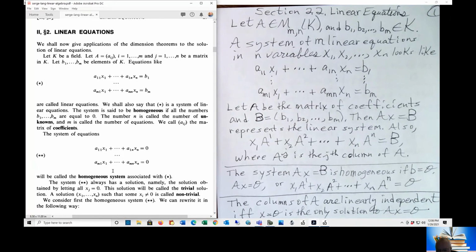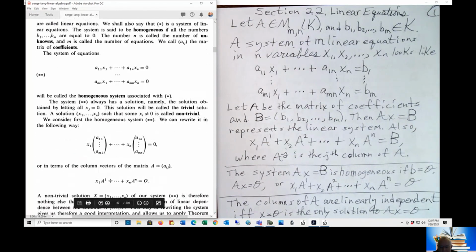Using the superscripts to represent columns, and then the variables x1 through xn, a system of linear equations can be written as a linear combination of the columns of the coefficient matrix: x1 A superscript 1 plus x2 A superscript 2 plus ... plus xn A superscript n equals the column vector B, where A superscript j, again, is the jth column of A. All right?